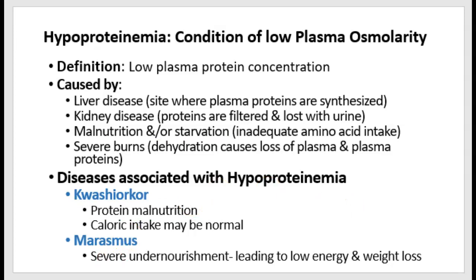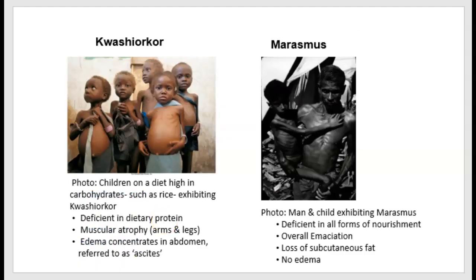And so we do see edema developing in the tissues. These are children that are receiving a diet high in carbohydrate, particularly rice. And so they get muscular atrophy. The arms and the legs are really spindly, but we do see the edema, and for some reason it builds up in the abdomen. We refer to that abdominal edema as ascites.